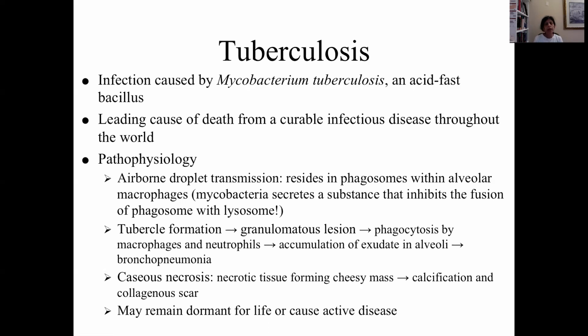All right. Then whatever triggers the activation of the dormant bacteria, okay? AIDS has become one of the common conditions that tends to trigger the bacteria from the dormant to the active disease. You can assume why. That's because AIDS is where the immune system is compromised.